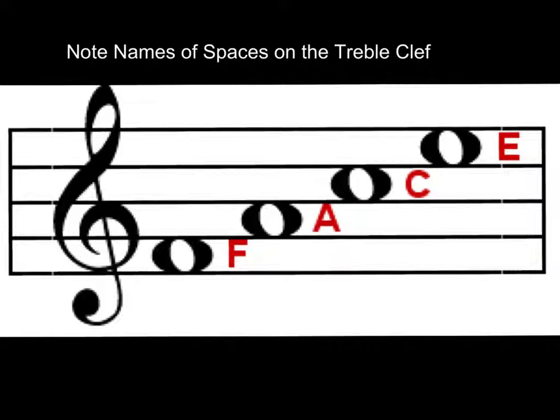Now we really do not need a phrase here to represent the letters, because when you look at the letters F, A, C, E, the letters combined actually will spell out a very familiar word, and that word is face. So that's easy enough.